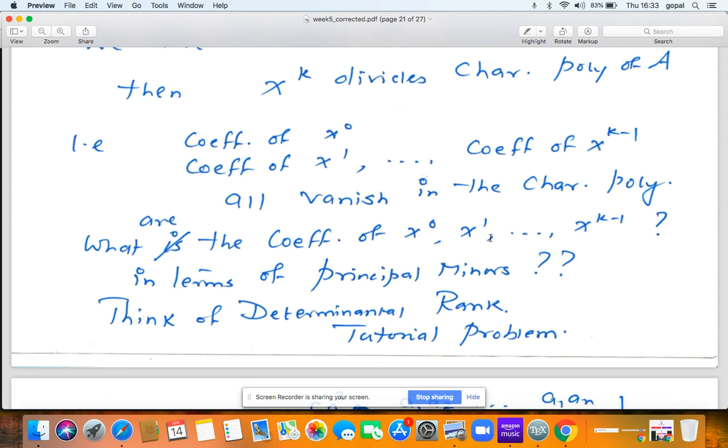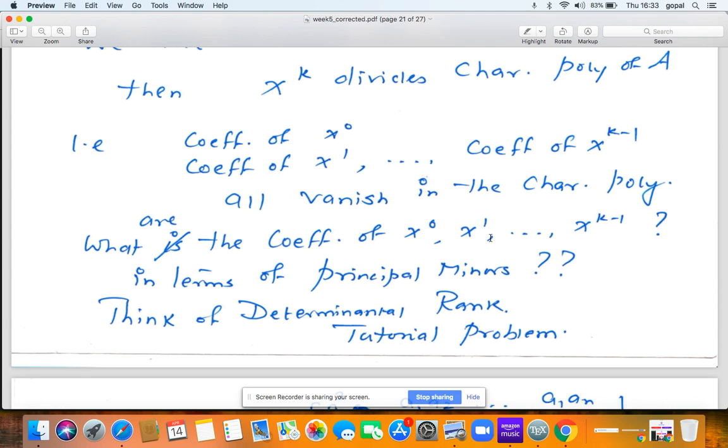Now, the nullity of the matrix is K. So the rank of the matrix is n minus K. Remember? Suppose, for example, you know that the nullity of the matrix is 2, then the rank of the matrix will be n minus 2, right?